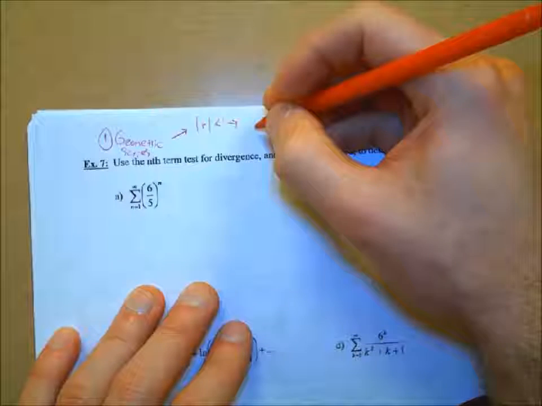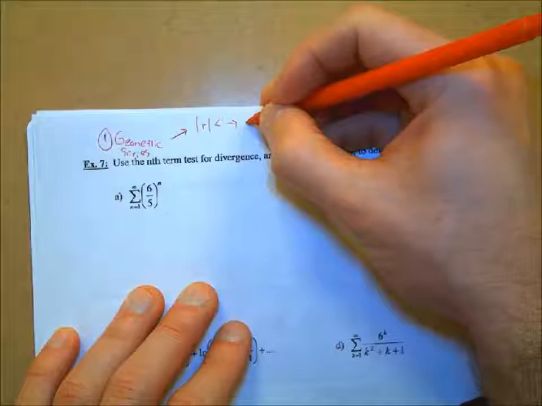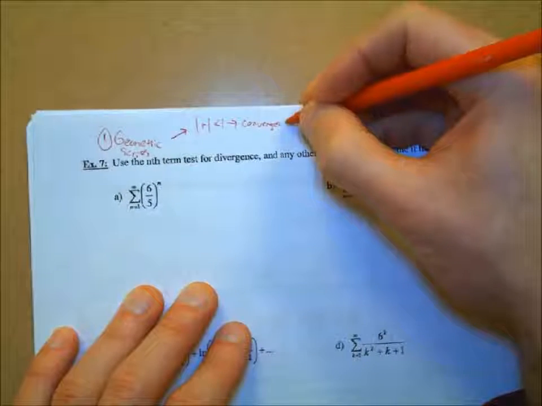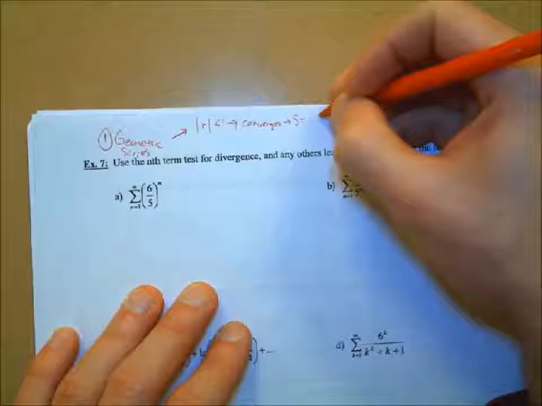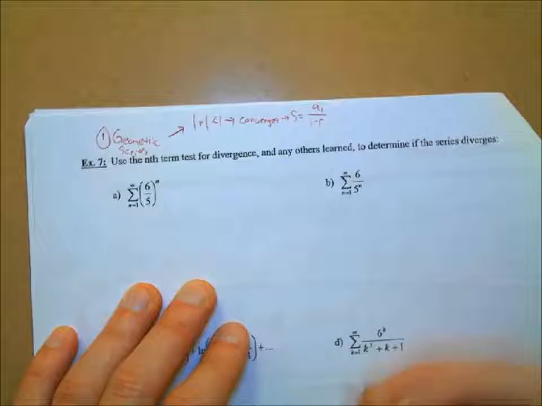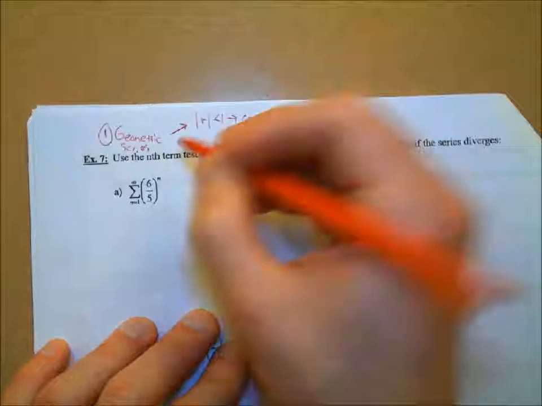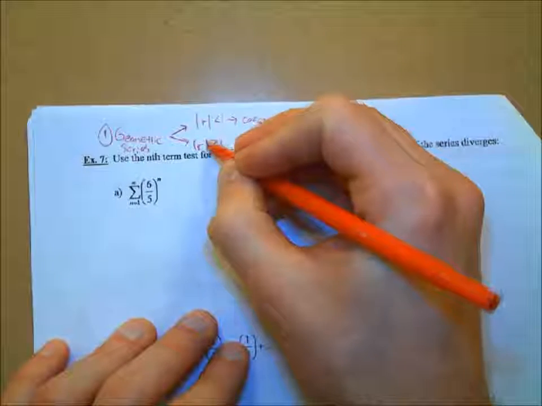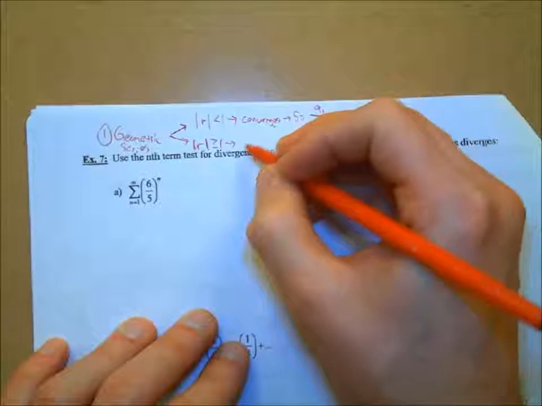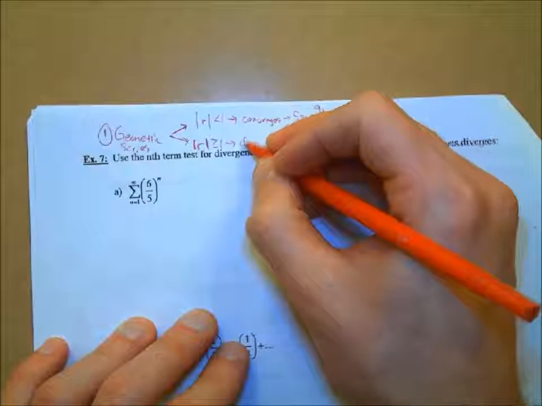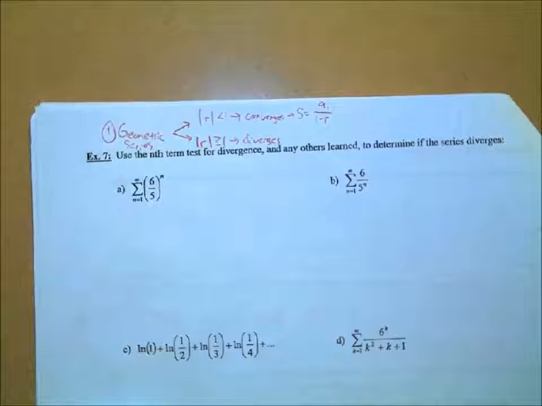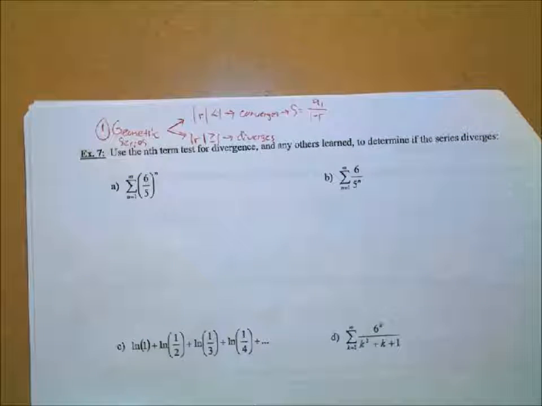The series converges, and it converges to S equal to a sub 1 over 1 minus r. Option 2, the absolute value of r is greater than or equal to 1, in which case the series diverges, and there's no further work to be done, because there is no sum. The sum is infinity or negative infinity.